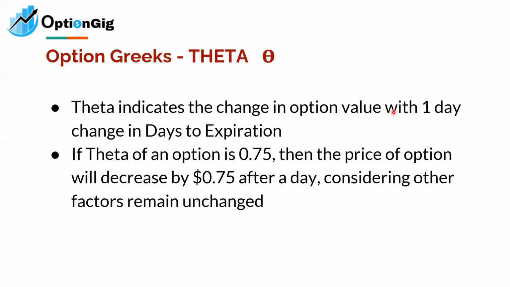So if today theta is 75, meaning 0.75, and nothing else changes, this is like a hole in the pail of water. It drips. It decays the value of the option.